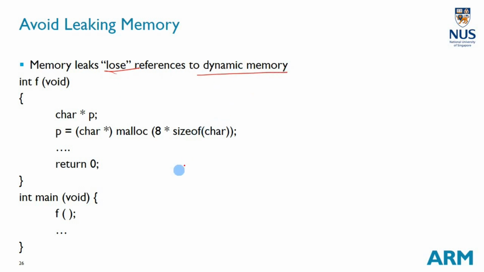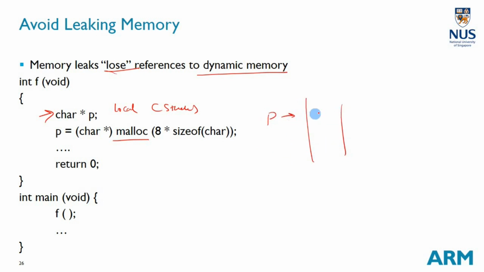Let's look at this situation where I have a main function calling f. In f, I create a local variable. This is a local variable, correct? That means it's stored in the stack space. After I create this local variable, I call malloc. That means now p is pointing to a memory somewhere.